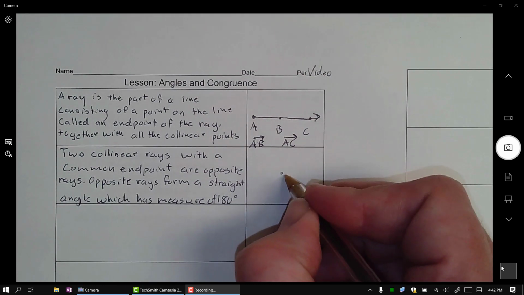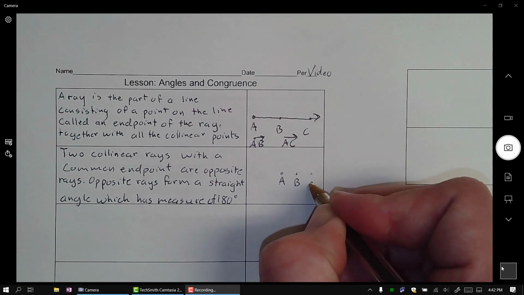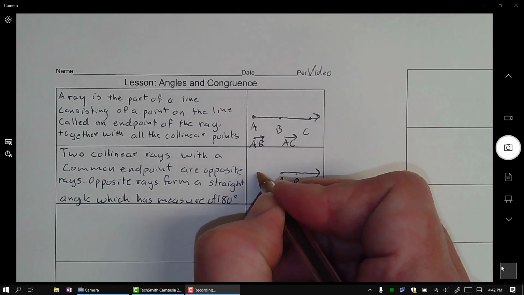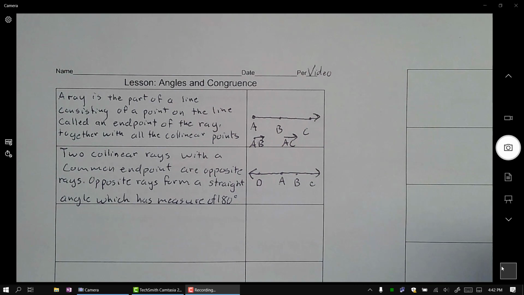So we have A, B, C again. The common endpoint, we're going to have A and D over here. So here's two rays that create a straight angle.